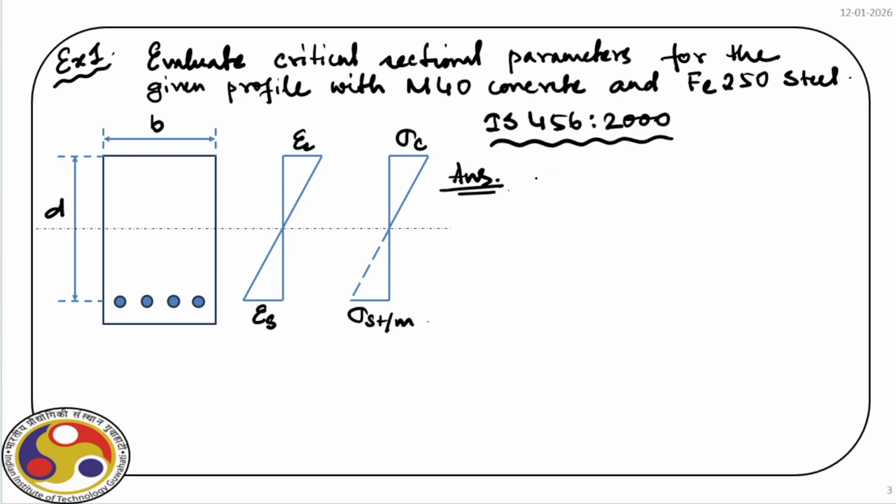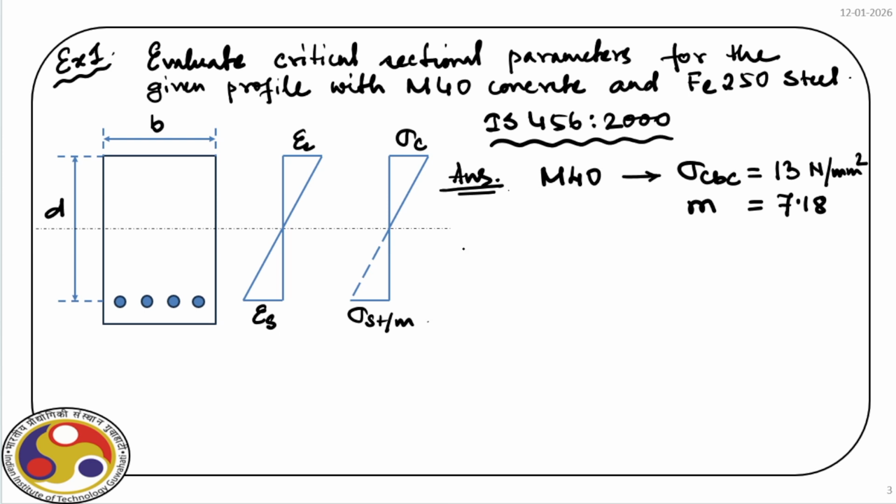Now, first thing first, we have M40 concrete, and for that, as per the above guideline, sigma CBC is equal to 13 Newton per millimeter square. And also code specifies the modular ratio, which is 7.18.